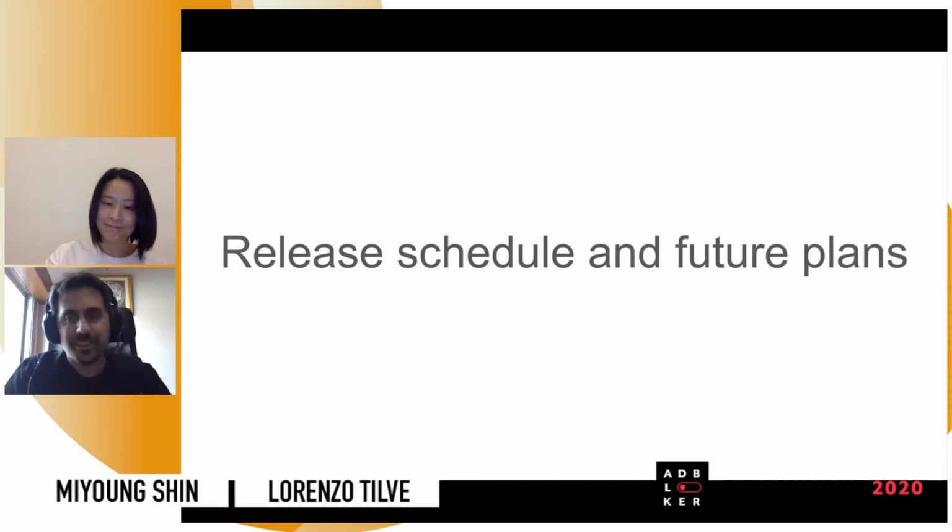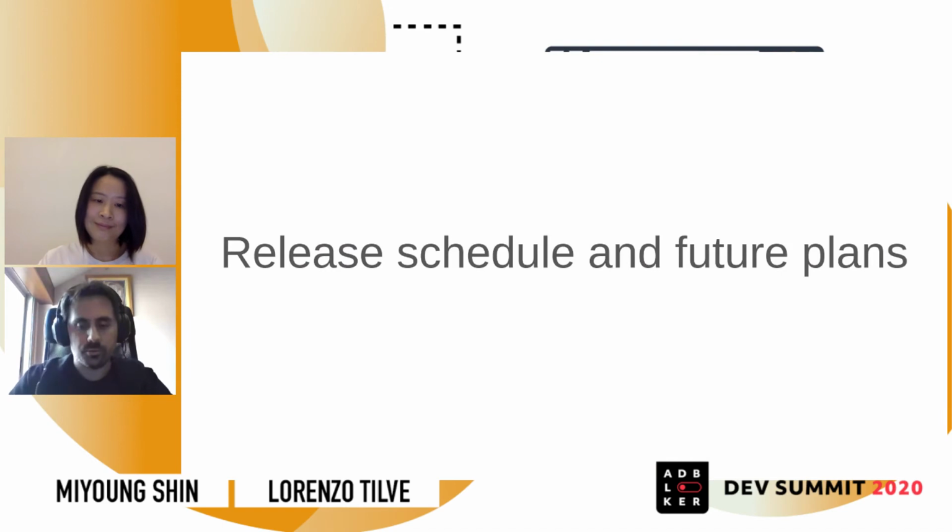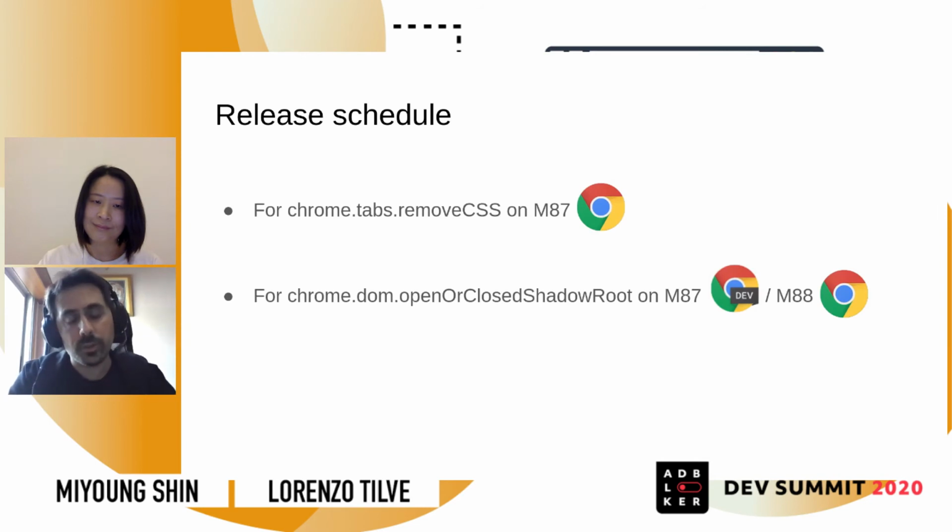Okay, Shin, thanks for explaining. So just to wrap up before going to the question and answers part: what is the status of these couple of functionalities we have been working on? For the case of chrome.tabs.removeCSS, it's already available in the beta channel and should be making it for stable 87, as the documentation and everything is already in place.